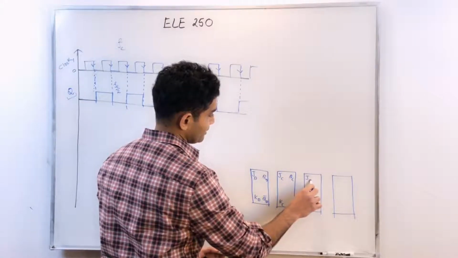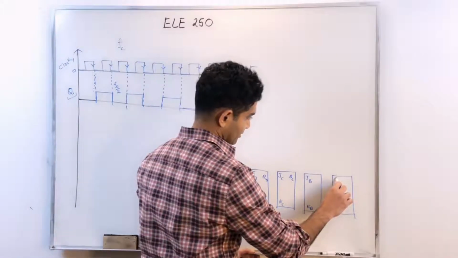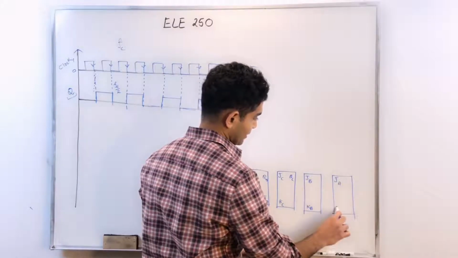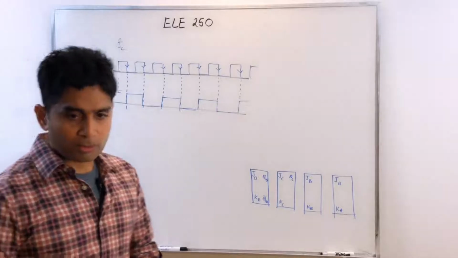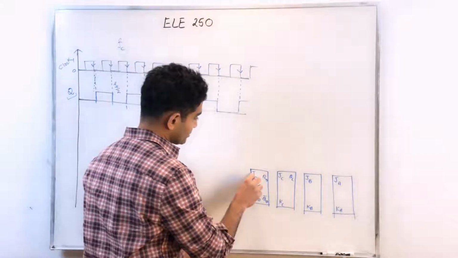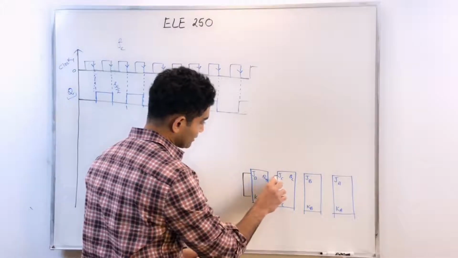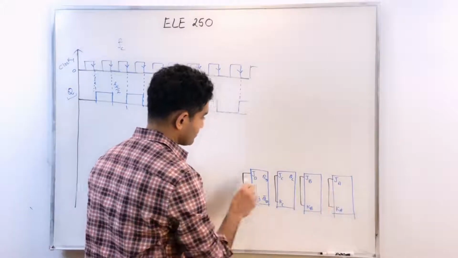This will be JB, KB. This will be JA, KA. And I'm going to configure them all in the toggle state. That means I have to make sure that my J and K inputs are all tied together, and these are applied at 1.